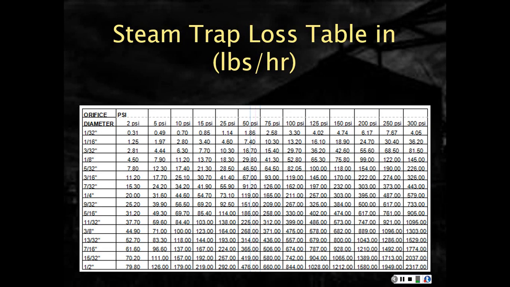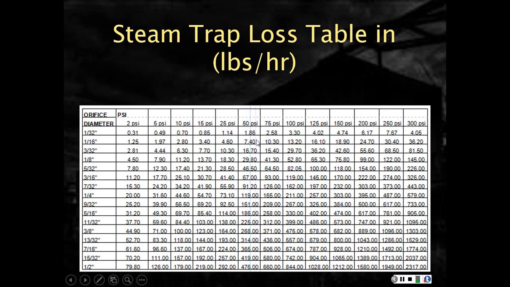So I need the orifice diameter, left-hand column, and then I need to know the steam pressure I'm running. So that's across the top. If I have a 1/8 inch diameter orifice inside the trap, and I'm running 100 psig steam, I drop down. For every hour, I'm losing 52.8 pounds of steam. So it's 100 psig, 1/8 inch orifice on my trap, and that's what I get.